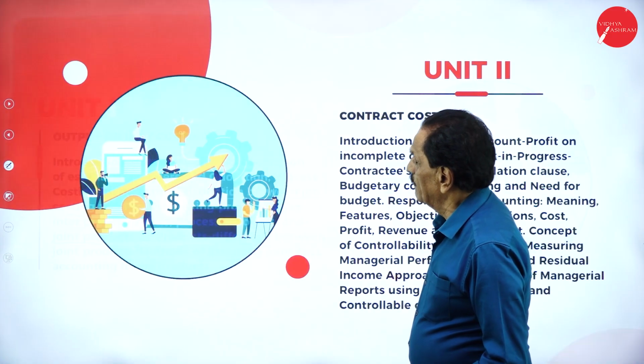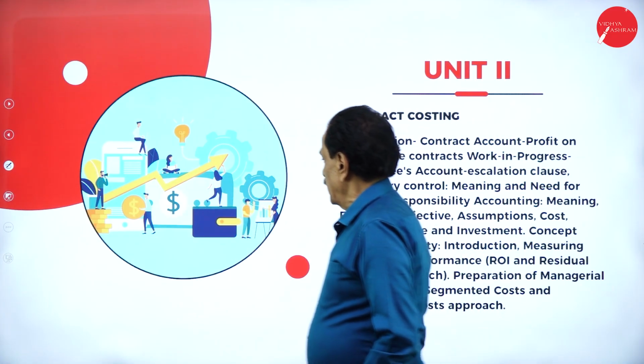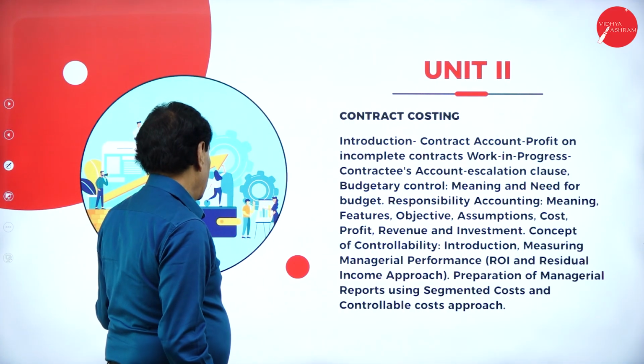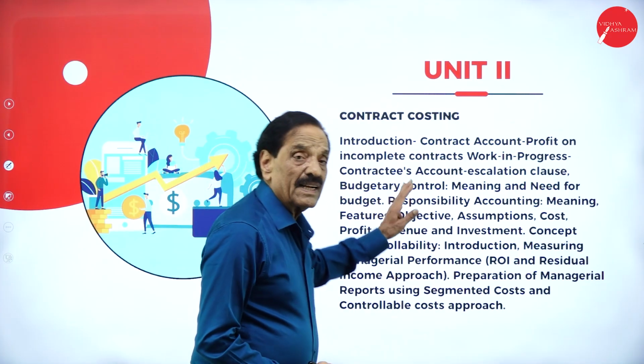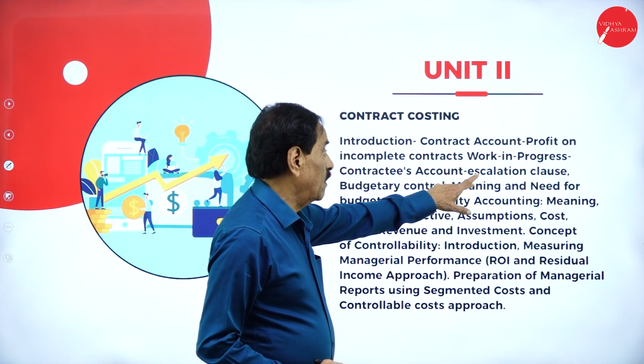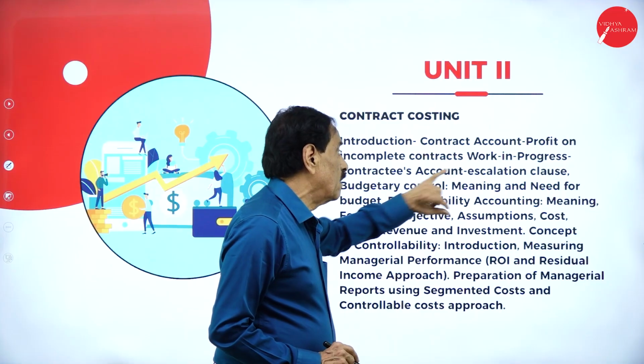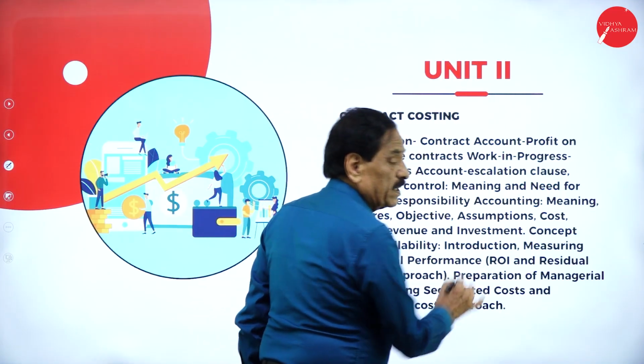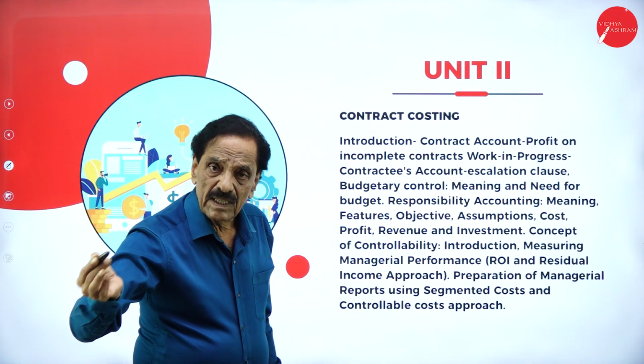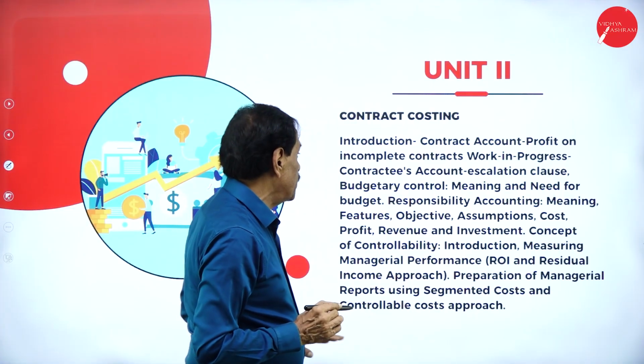We'll move on to the second one. This is Unit 2, contract account. Introduction, contract account, profit on incomplete contract, work in progress, work started but not yet completed. It's called work in progress.